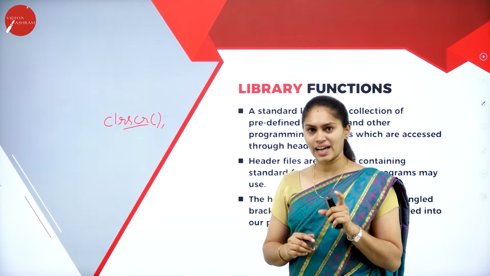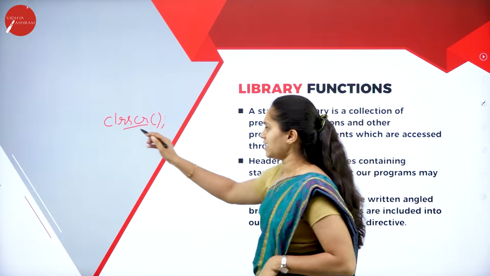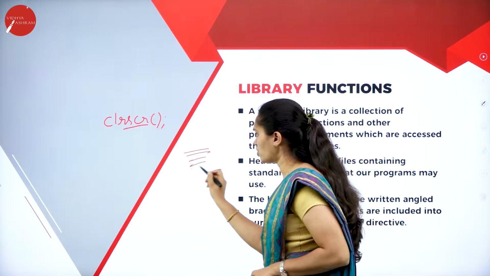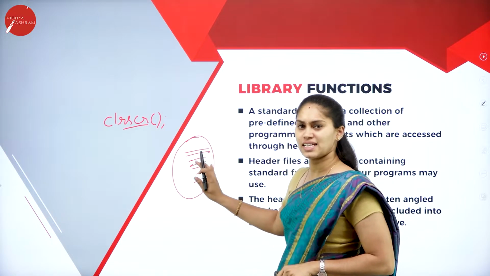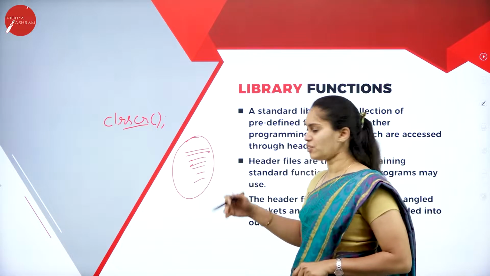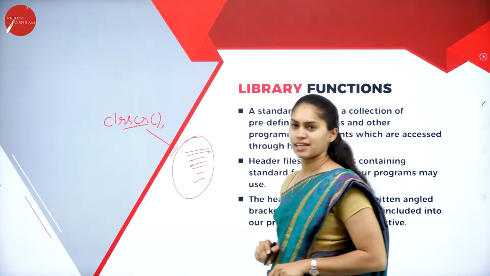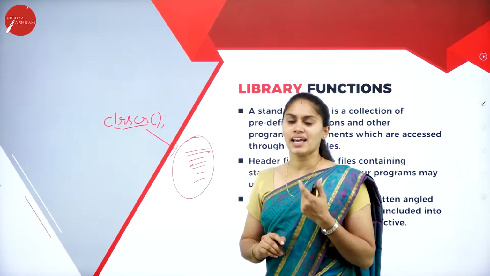For this clear screen function to work, we have written n number of lines of code, so that is also considered a function. In my new program, instead of writing n number of lines of code related to clear screen, I am simply using CLR SCR.